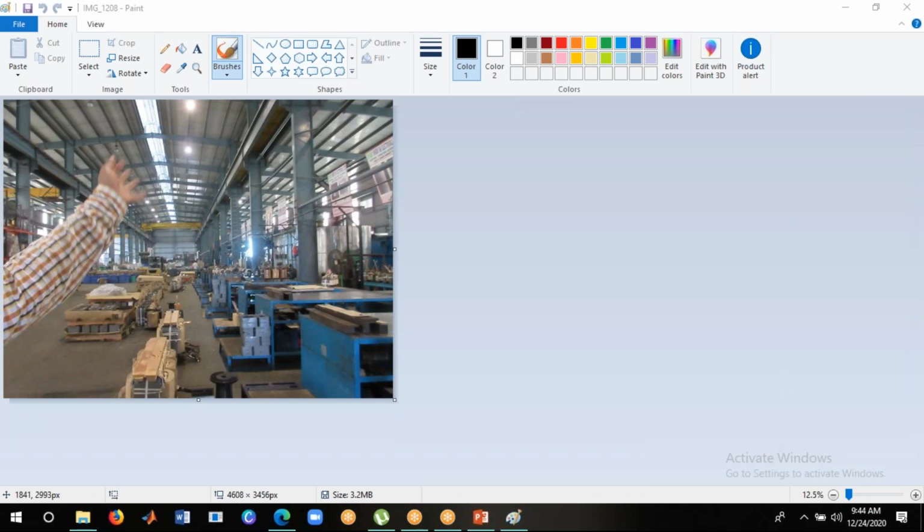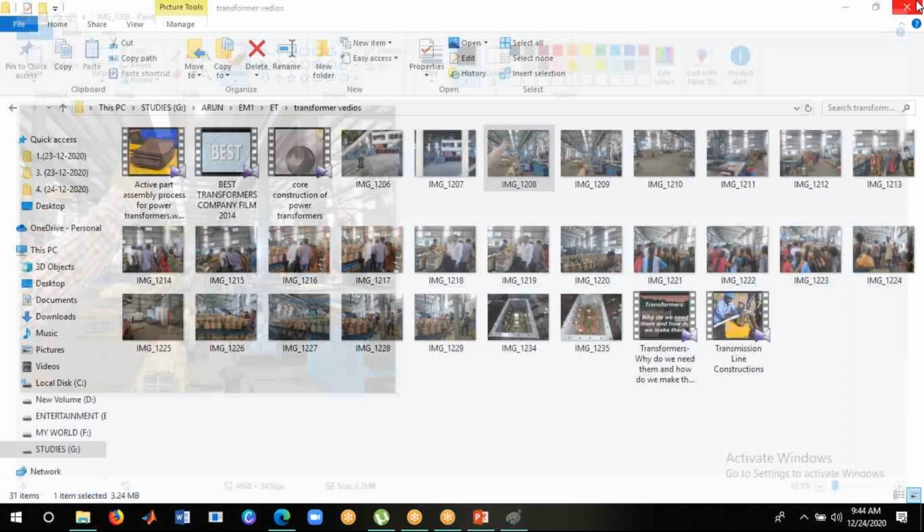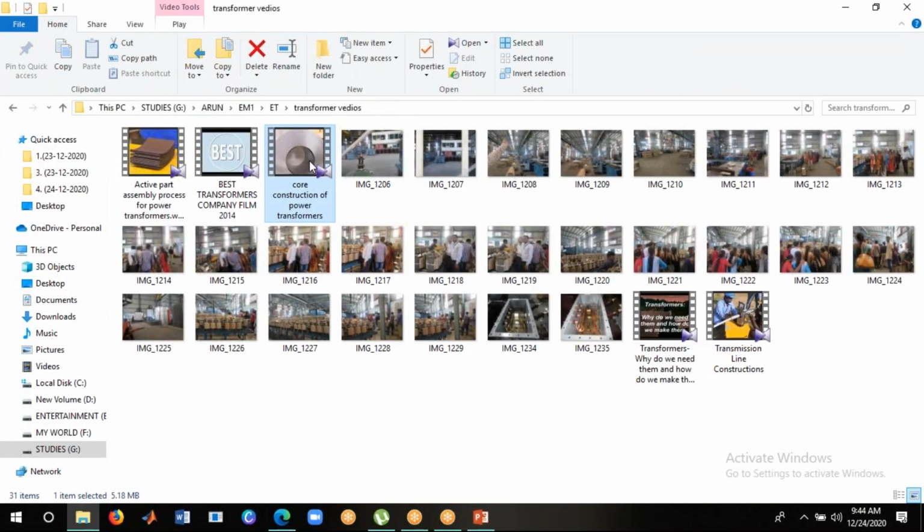You can observe that the brown color is an insulating material they are using here. So I will show you how the core type transformer and shell type transformer are constructed.